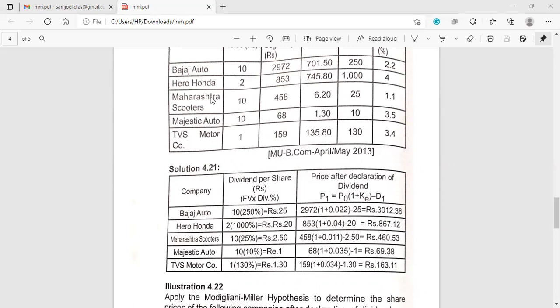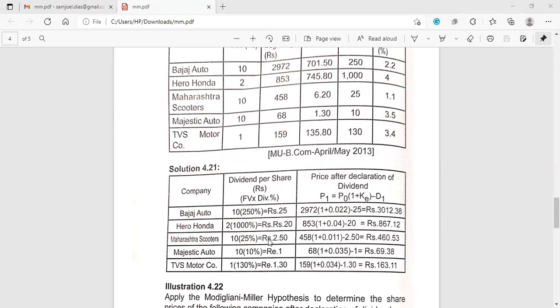The next, Hero Honda: 1000% dividend means 2 rupees into 1000%, that leads to rupees 20. Now the beginning price is 853 into 1 plus 0.04, that is cost of equity, minus 20, that leads to rupees 867.12.